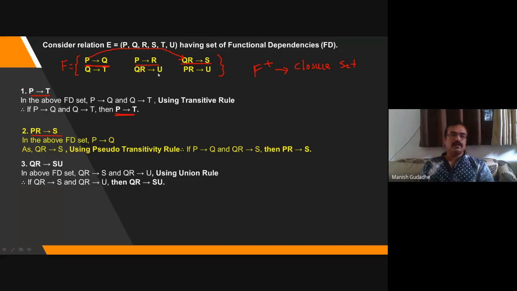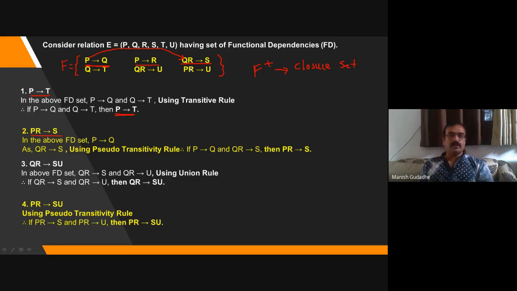QR is determining S, and QR is determining U. So with the help of the union rule, I can say that QR is determining SU. PR can determine SU, again with the help of pseudo transitivity. PR determines S, which we have seen.